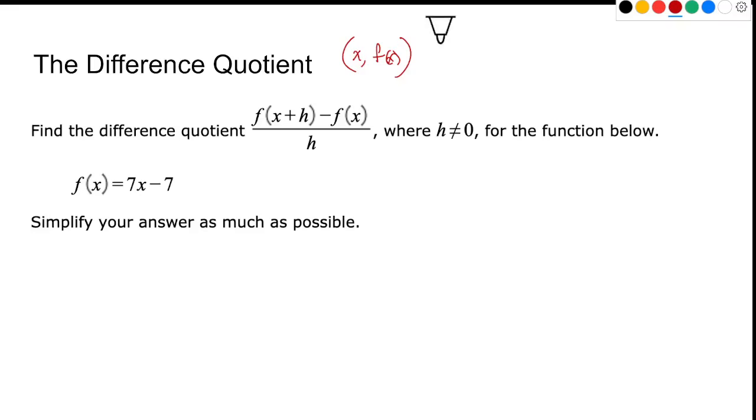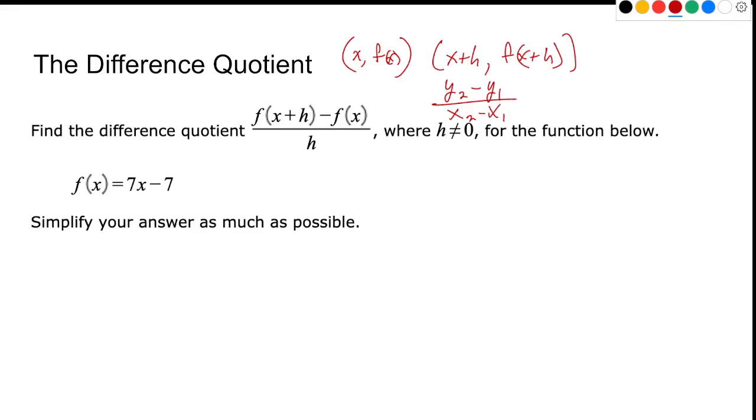And the other point is going to be x plus h, f of x plus h. So you'll see this when you get into calculus more often, but it's really just the slope formula, y2 minus y1 over x2 minus x1. And so what we're finding here is we're finding the slope of the function, though.